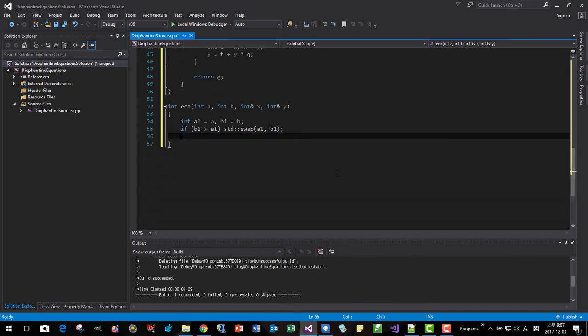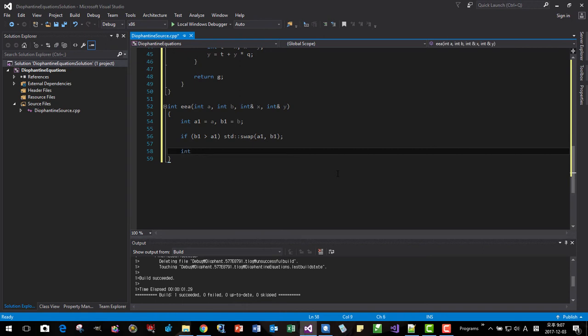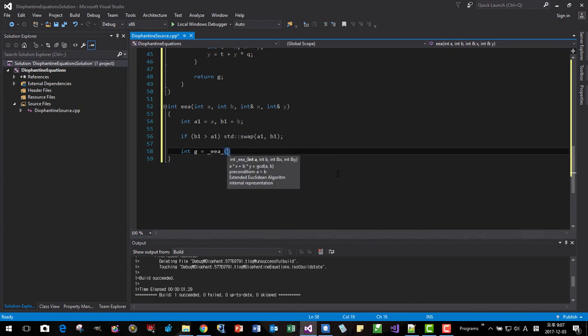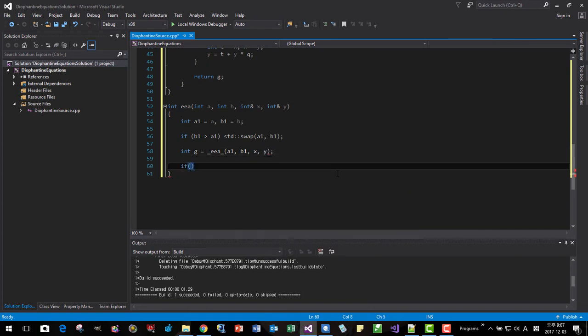Okay. Here, now we call int z equals EEA. We are calling the internal representation a1, b1, x, y. At this point, we have to check a times x plus b times y.